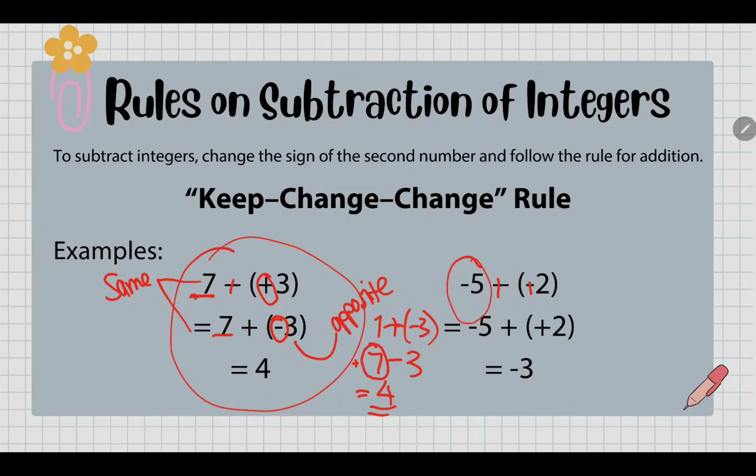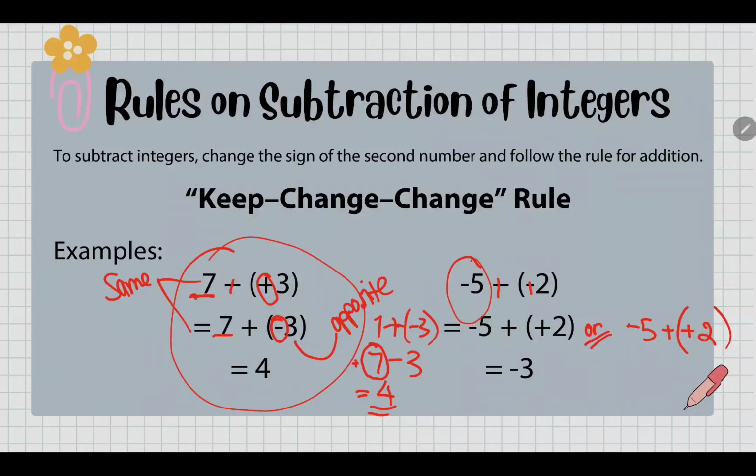So what your equation should look like is negative 5 plus 2. And since the plus would look weird, that's why we put brackets on the plus 2.